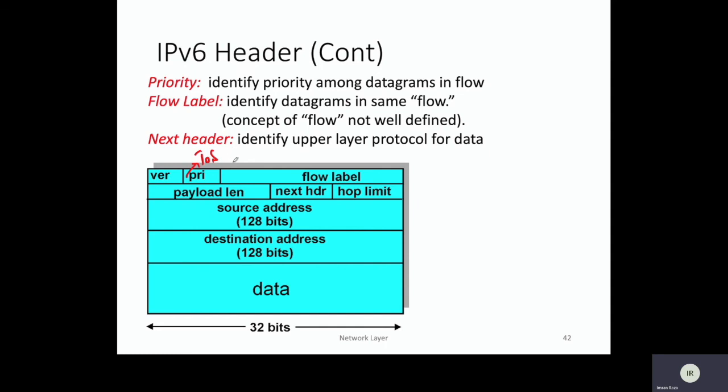Its 6 bits are used to identify the different classes of application or path behavior in real-time applications. And then we have this flow label. Initially, as it's also written here, it's not well defined, and initially these bits were reserved.